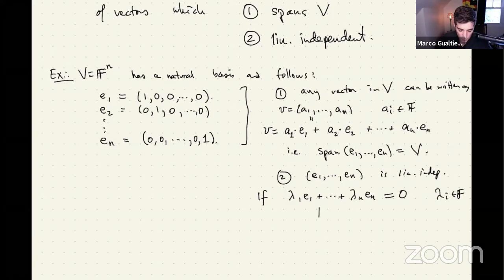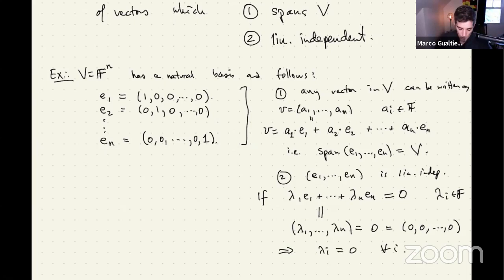If I compute this, what is this actually equal to? It's actually equal to the n-tuple of numbers lambda 1 up to lambda n. And if this is equal to 0, what is 0? 0 in the vector space F to the n is just 0, 0, 0 up to 0. So if this is equal to 0, this means that the lambda i are all 0 for all i.